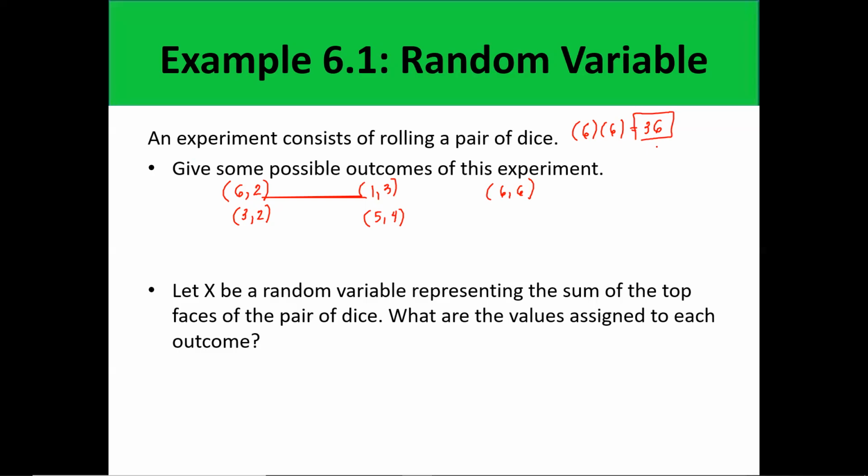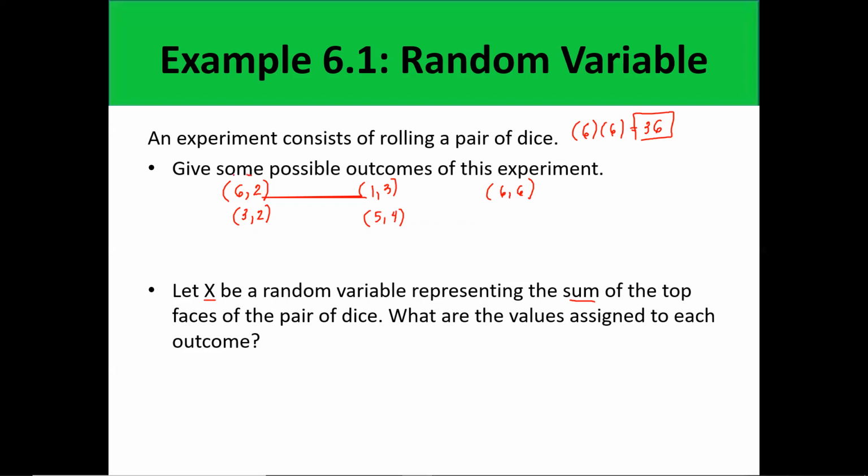So now what is the random variable defined? The random variable defined here is x, which represents the sum on the top faces of the pair of dice. So what are the values assigned to each outcome listed in the first bullet?